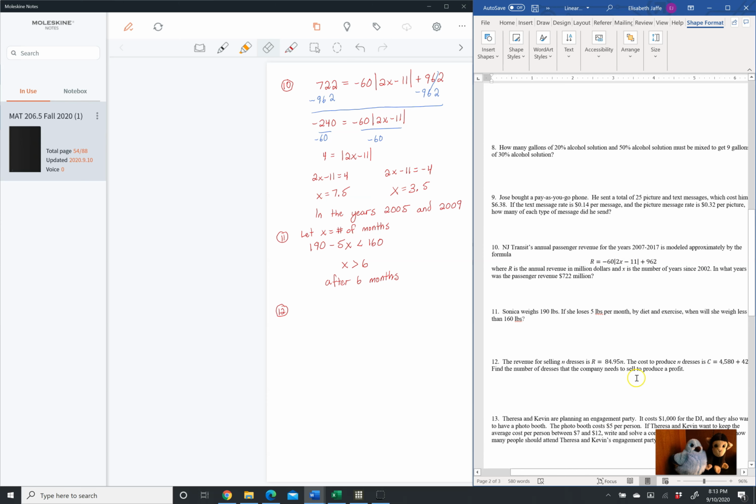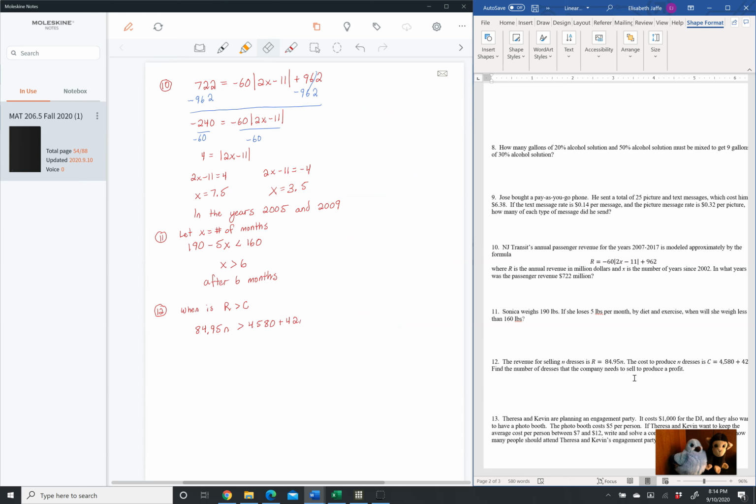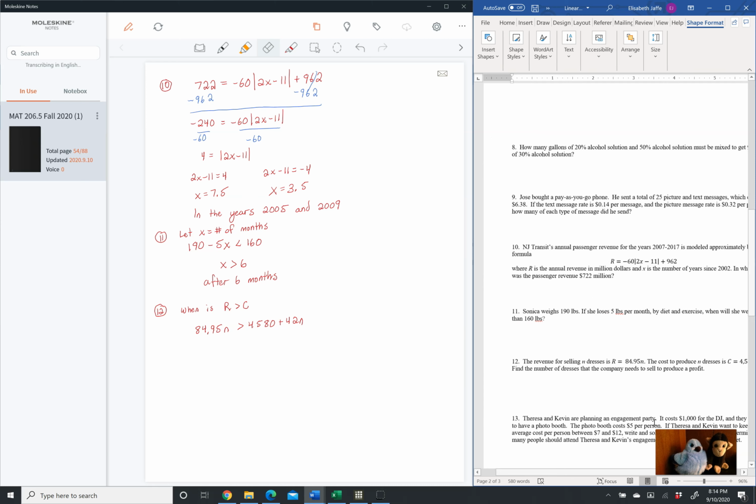So the profit is when R is greater than C. So that's the equation that we're setting up. We want to know when 84.95 N is greater than 4,580 plus 42N. That's what the profit is. The profit is when the revenue, what is coming in, is greater than the cost.